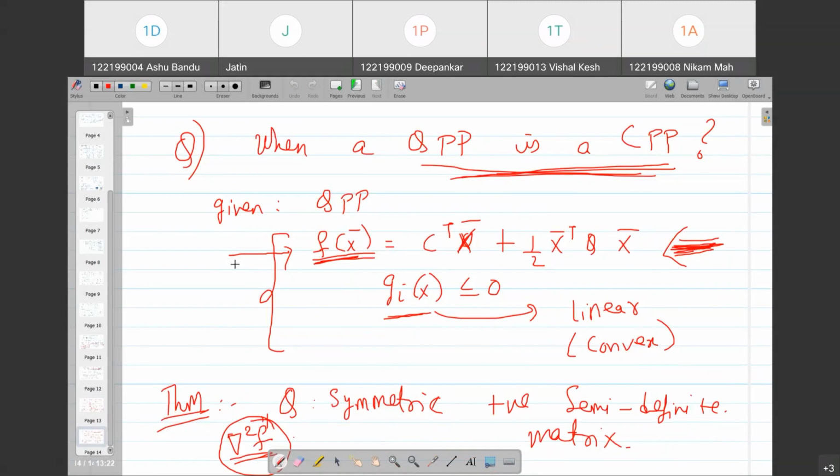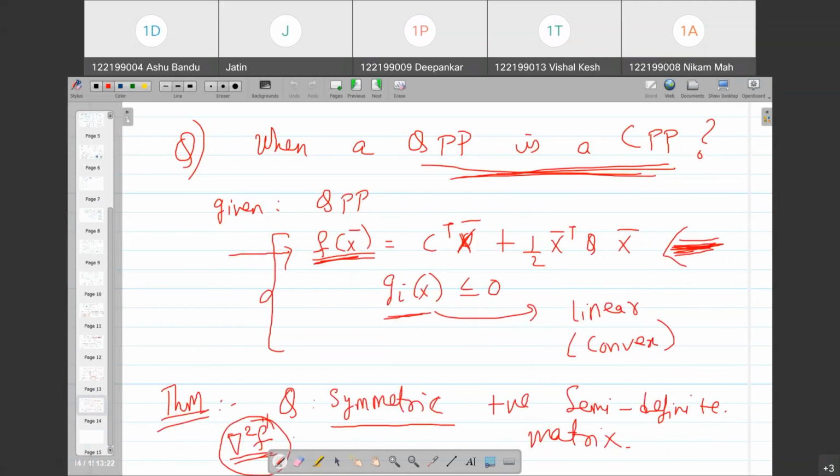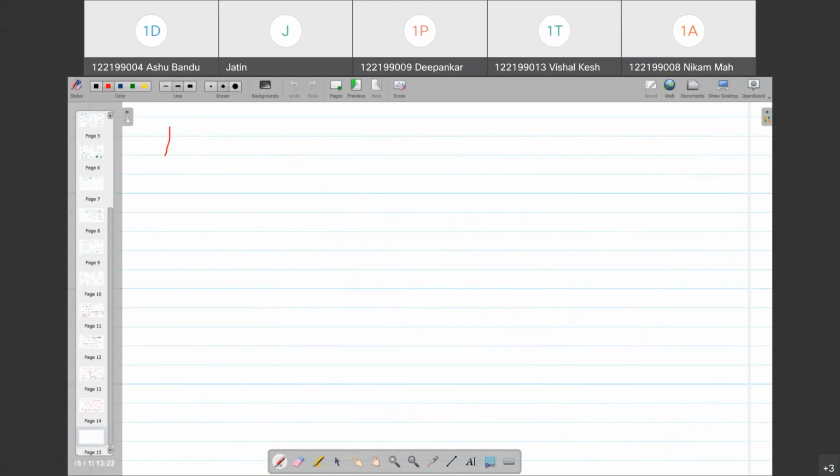okay, I will do half of the proof and half of the proof I will give you as a homework. So what is the proof? If your Q is a symmetric positive semi-definite matrix, then your QPP is a CPP. To prove this fact, I will need one lemma.